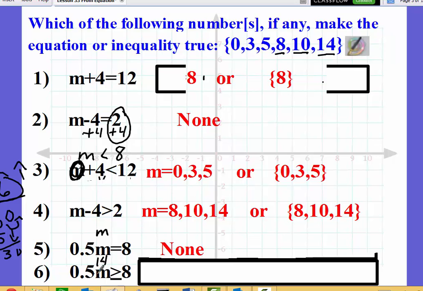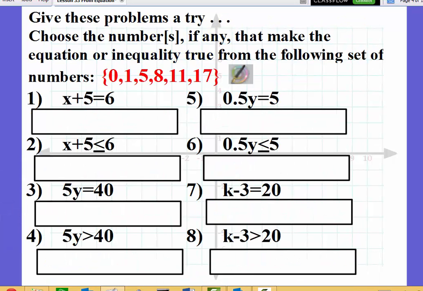So 0.5 times 14, 5/10 times 14. Well, I can't do that in my head, but I know this is 1/2, and I know 1/2 times 14, that's 7. And I know that 7 is not greater than 8. So again, I should have none for my answer. And there I go.